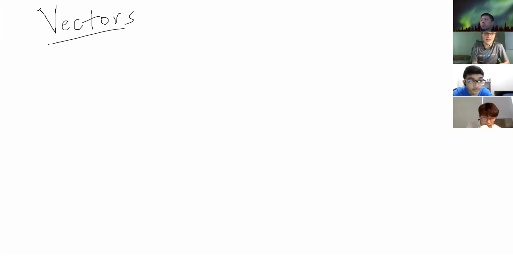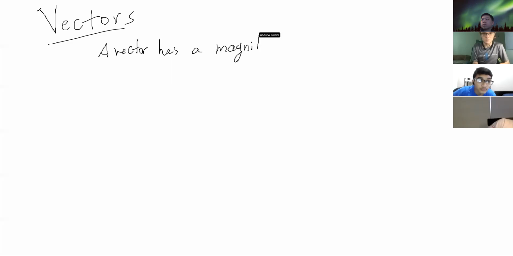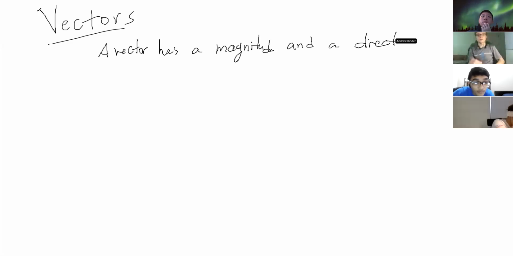So a vector has a magnitude and a direction. So does anybody want to represent this geometrically on the board? Feel free to annotate on this screen.